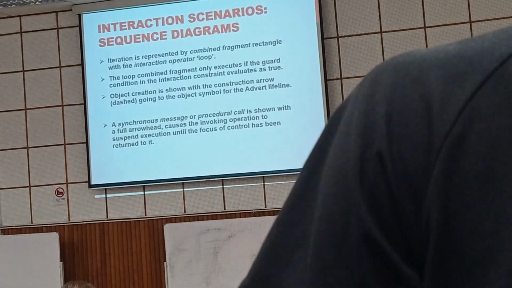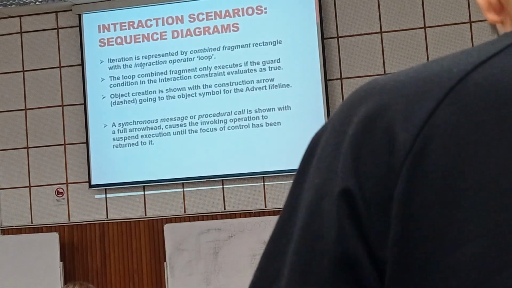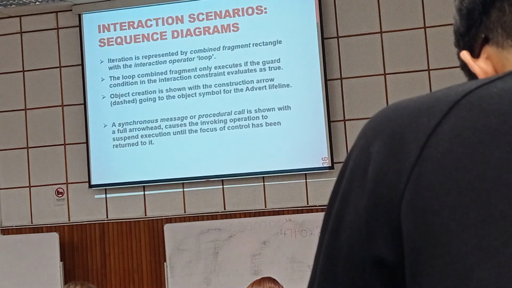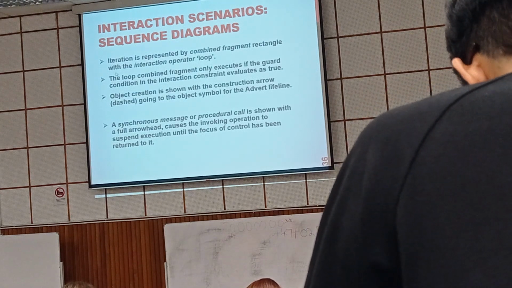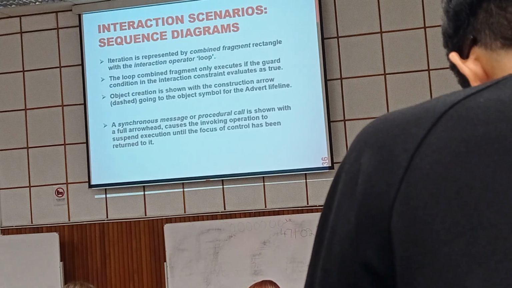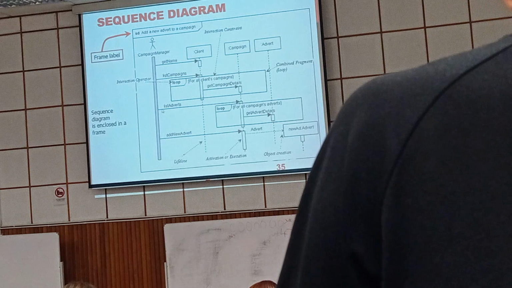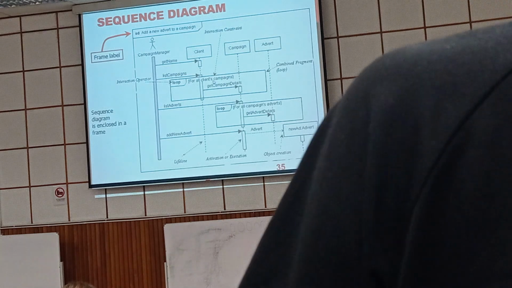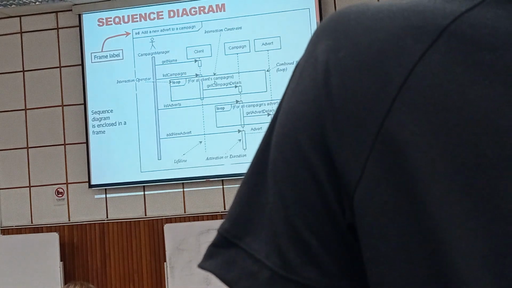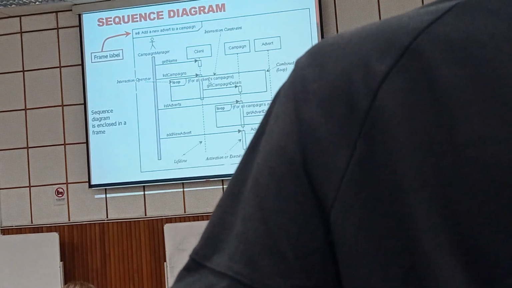So you see, interaction. You know what iteration is, right? Iteration means loop: for loop, while loop, do while loop, any loop. Iteration is represented by a combined fragment. You have a rectangle to show the loop, and this is the loop. You can even put the condition, the initial value, and also the increment or decrement over here.